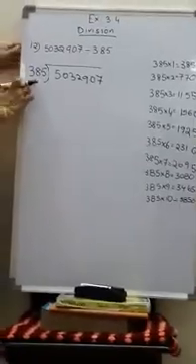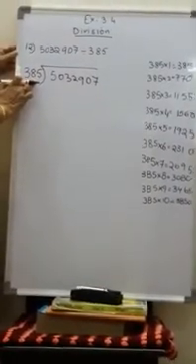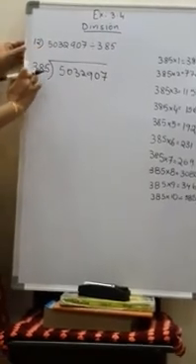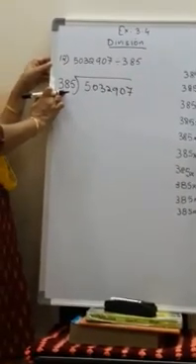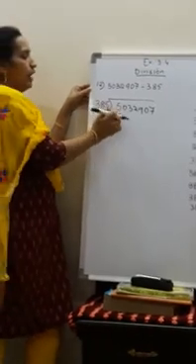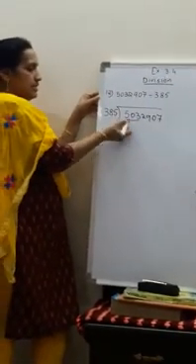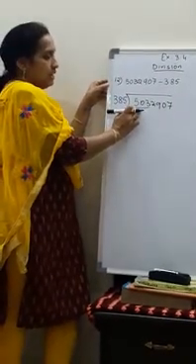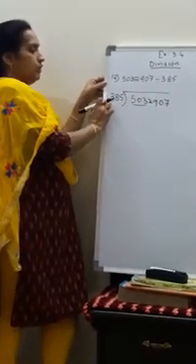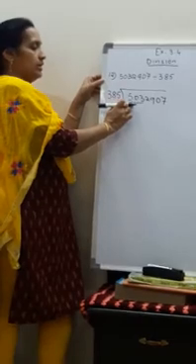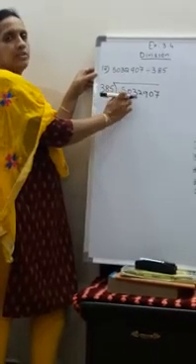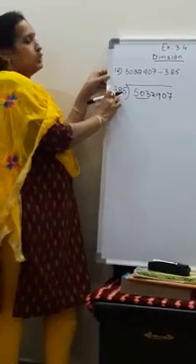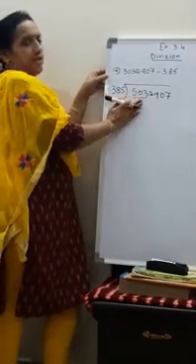385. Children, as the dividend is a large number and the divisor is a 3-digit number, you have to consider 3 digits. Here in this sum, the 3 digits are 503. 503 is bigger than 385, so you can start with 503.